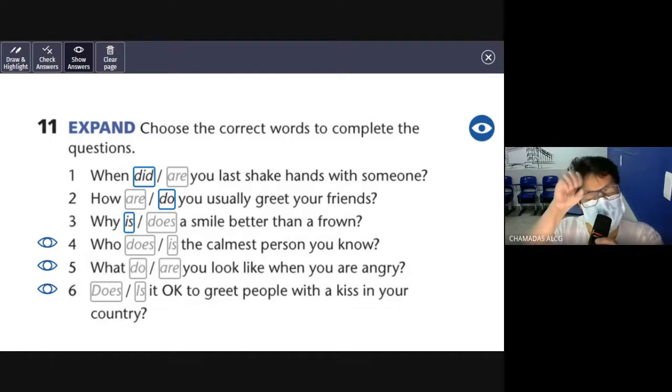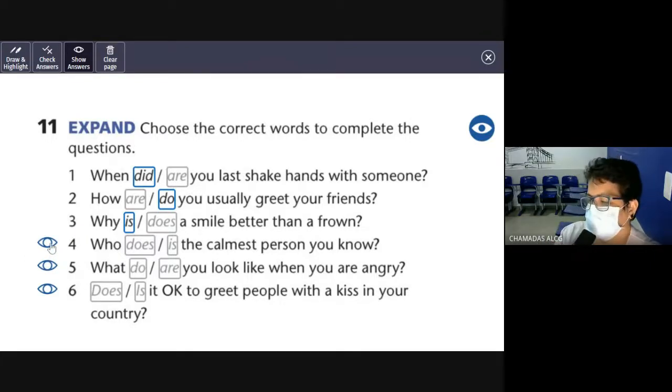A frown is when you do like this with your forehead. Okay. 4. Come on.